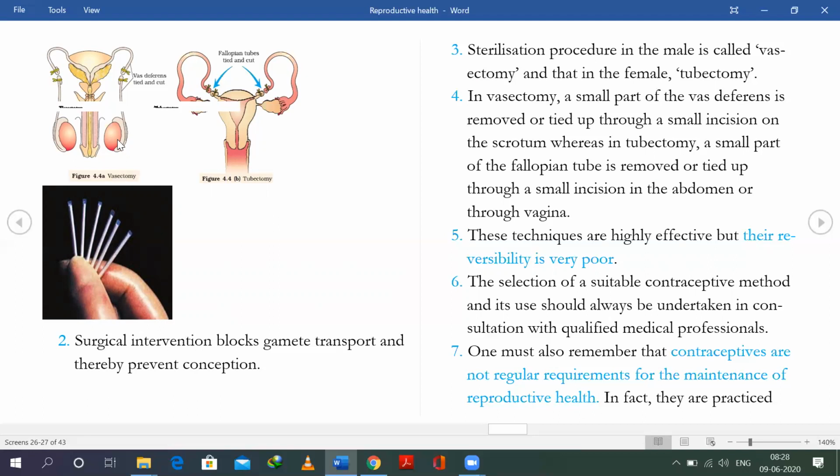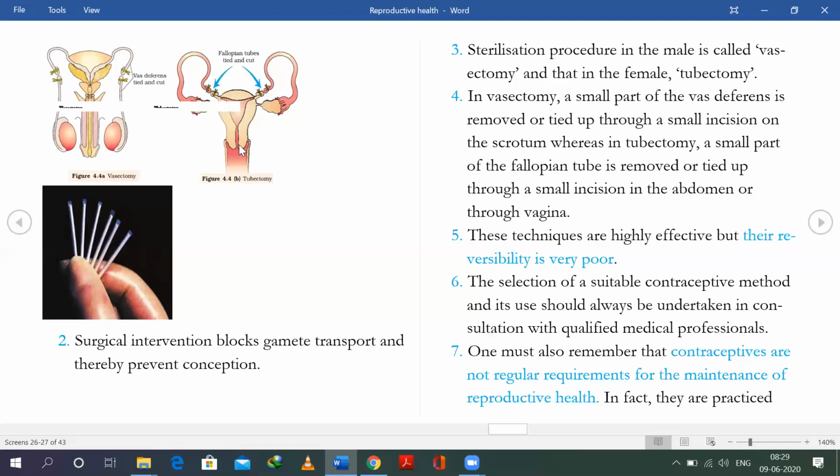That means the sexuality of the sexes is not affected, and they will be functioning healthy. The only thing is that the transport of gametes is stopped. That is why it leads to sterility, right? If you do not have any gametes, it leads to sterility. So that is the surgical methods that we have in the form of vasectomy and tubectomy.